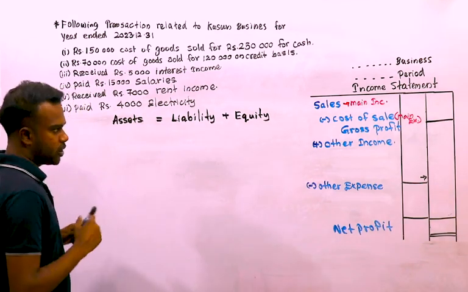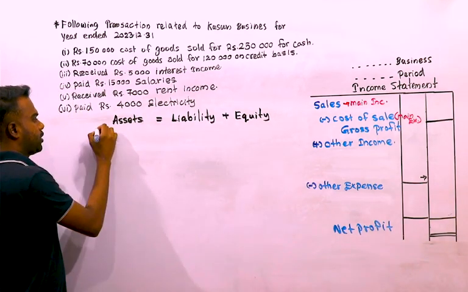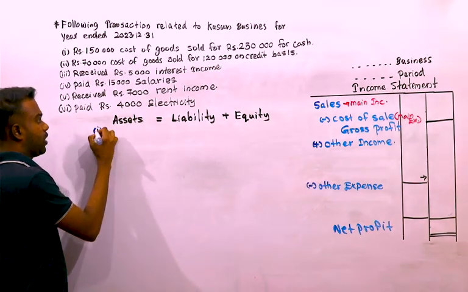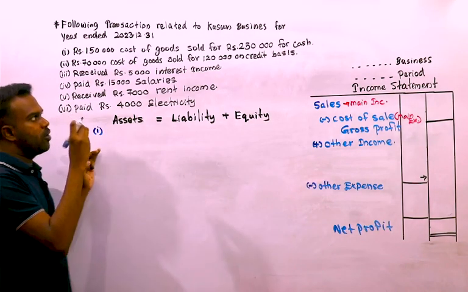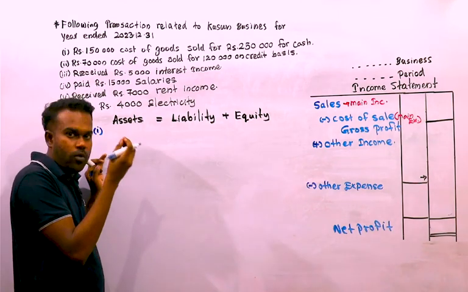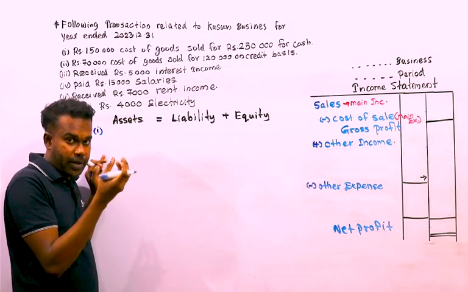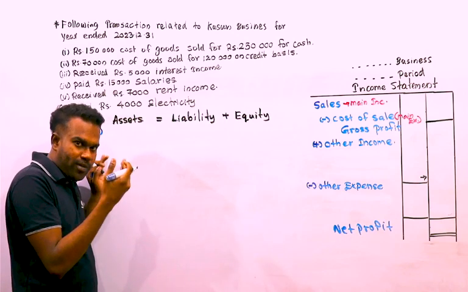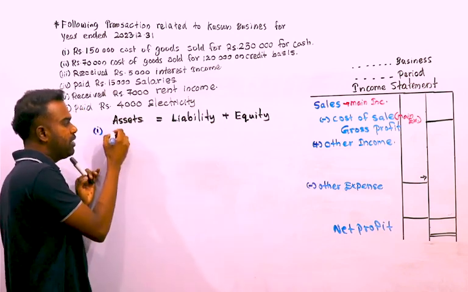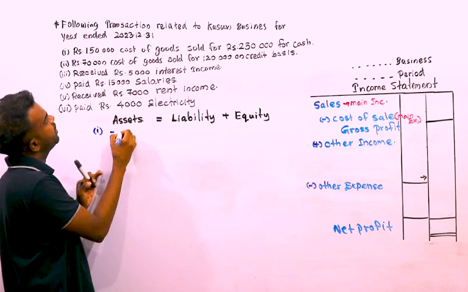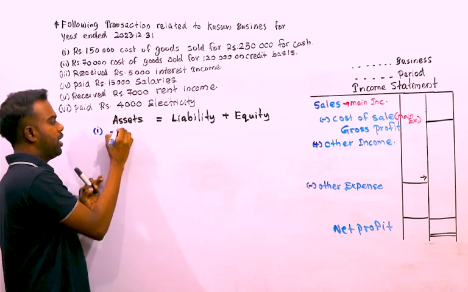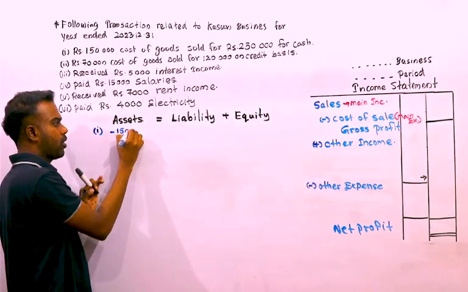First transaction: 150,000 cost of goods sold for 250,000. Therefore, how much should be the profit here? Normally, when selling, our inventory is decreased by the cost, 150, right?